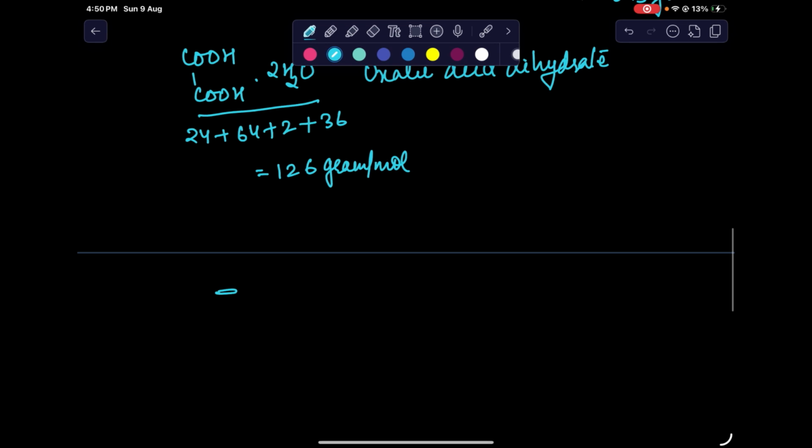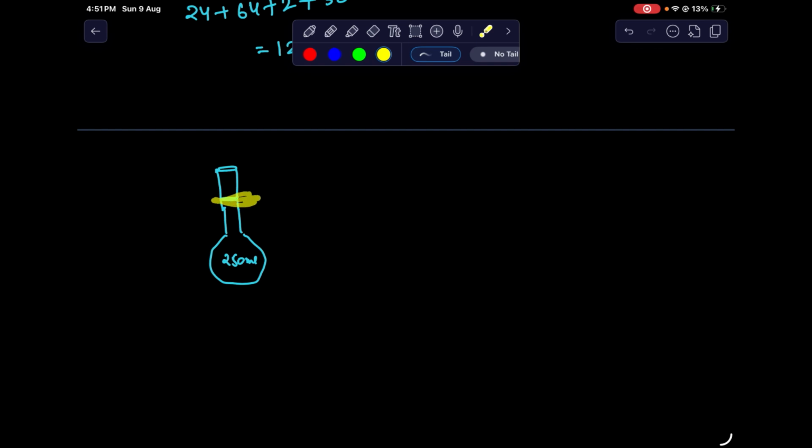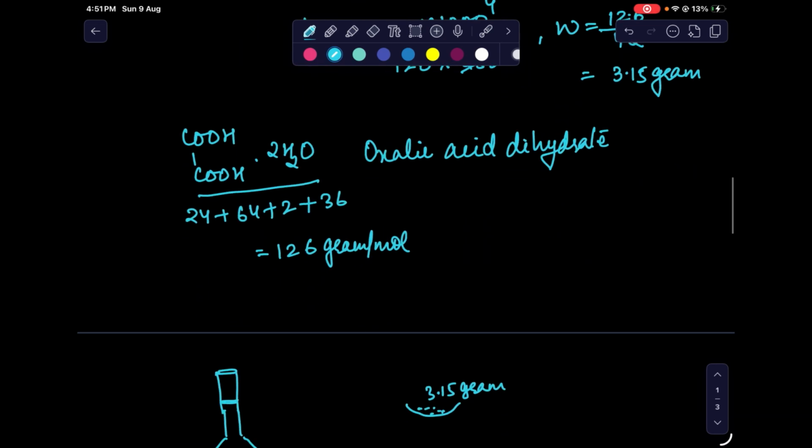All right, so we have a measuring flask here in the lab. It looks like this. This is called a measuring flask. Here the capacity is written, so this is 250 ml. There will be a calibration somewhere here in the neck of this. So it means that if you fill the liquid till here, it is 250 ml. So what you will do, you will take a watch glass, you will weigh 3.15 gram of oxalic acid in it with the help of the weighing balance available in the lab.